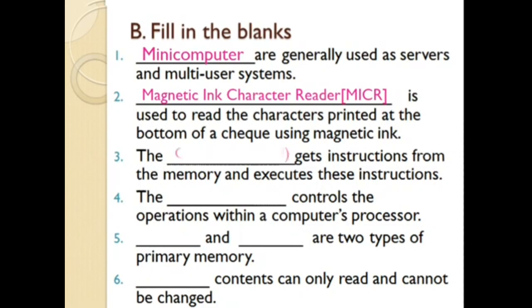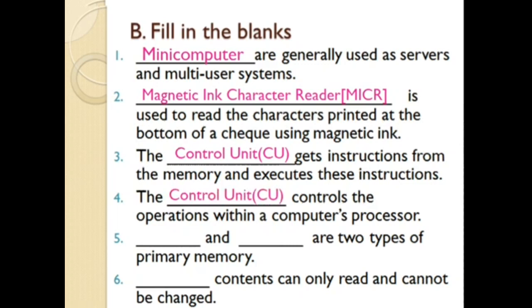So here the control unit gets the instruction from the memory and executes this instruction. Which dash controls the operations within the computer? Control unit only controls the operations.